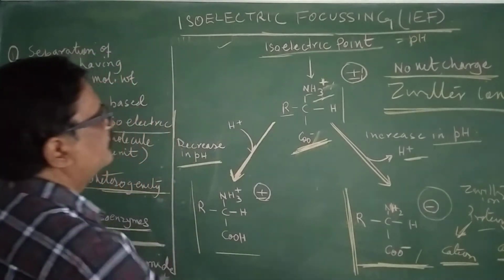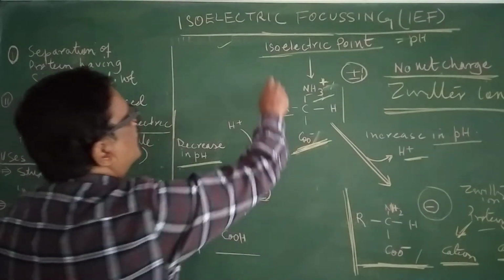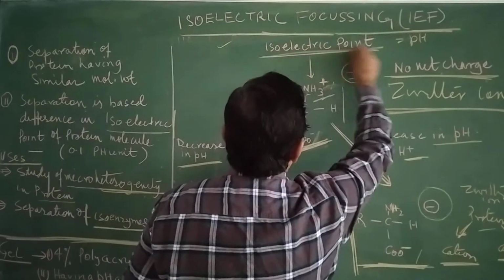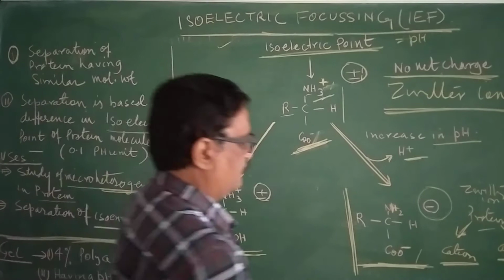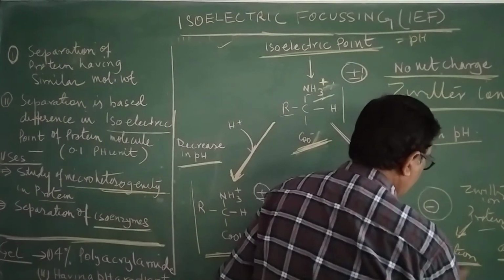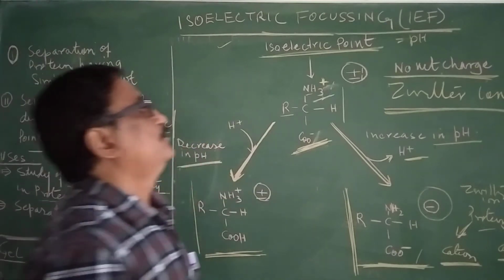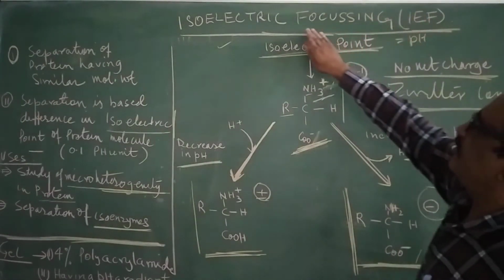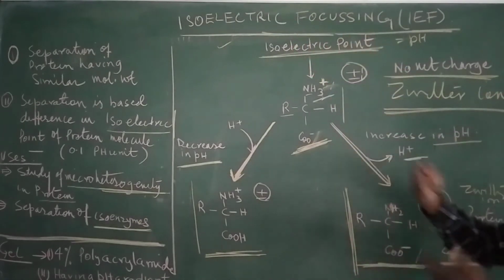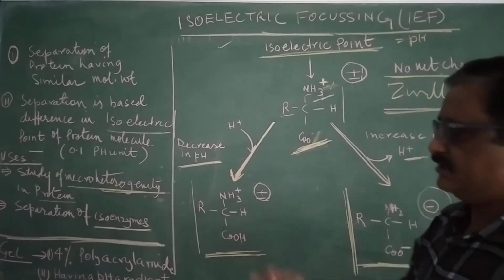If the pH of the medium decreases below its isoelectric point, in that case the protein or the amino acid will be converted into a cation. So this is the basic principle of isoelectric focusing. We will discuss the process later, in the next class.